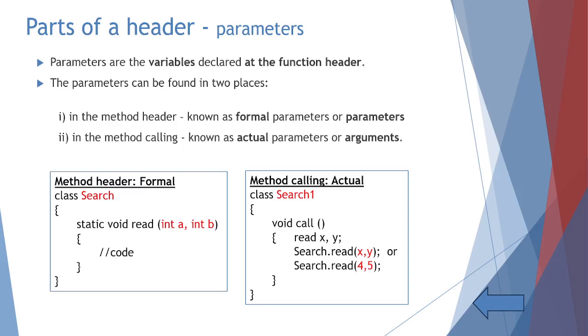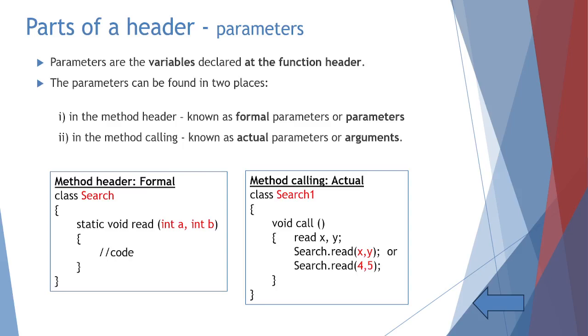Header means the very first line. These parameters can be found in two places. One is in the method header, which are known as formal parameters or just parameters, and in method calling, which is known as actual parameters or arguments.